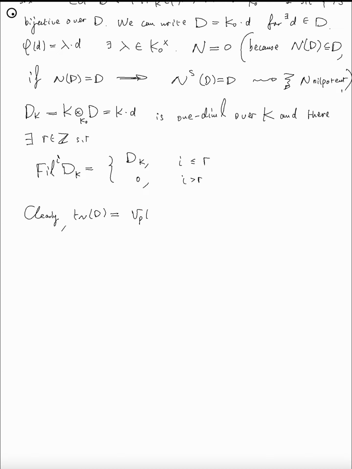Sorry, the Newton number is the p-adic valuation of lambda, and the Hodge number is the only jumping index, which is r.